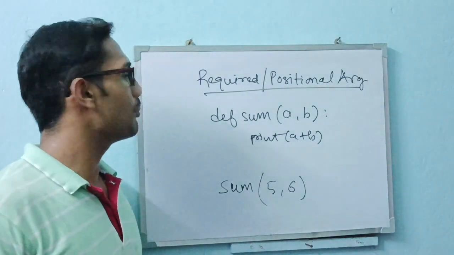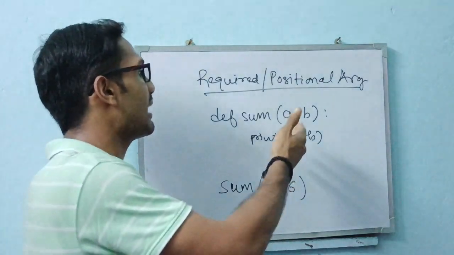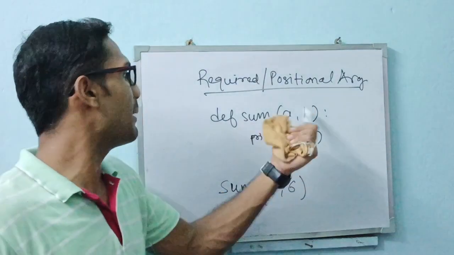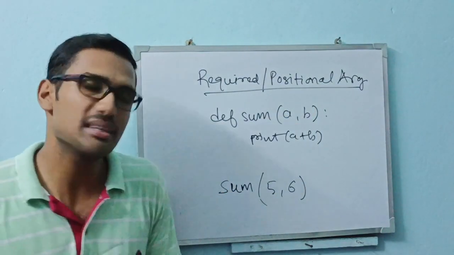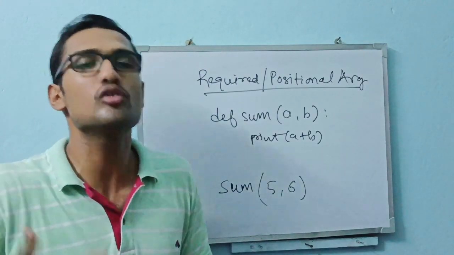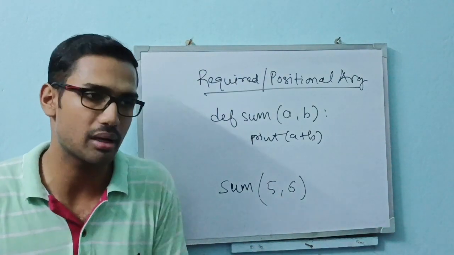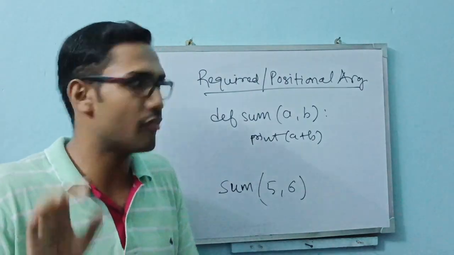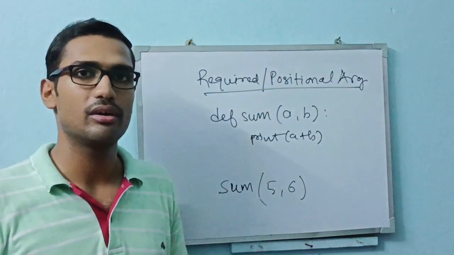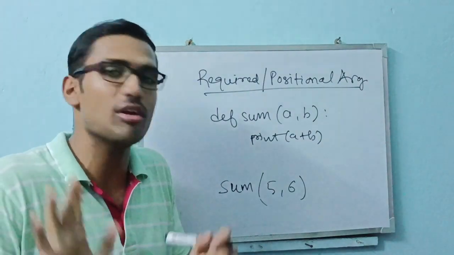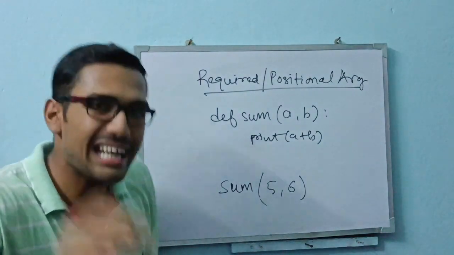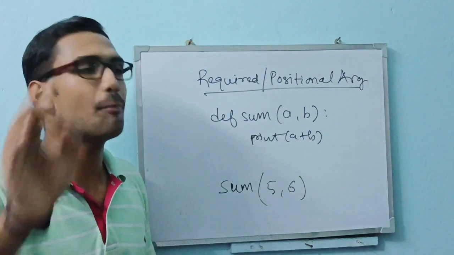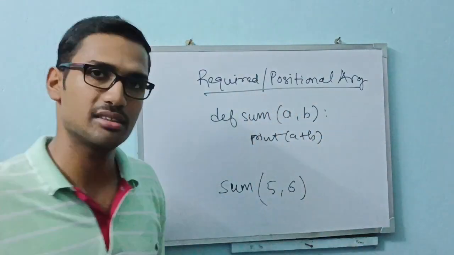You may think that I can skip this parameter b. No, you can't. It can be true if you are using a default parameter or default argument, and that we will discuss in our next upcoming video. But as of now, for the required or positional argument, where no default value is given, in that case you need to pass the values for all the parameters.